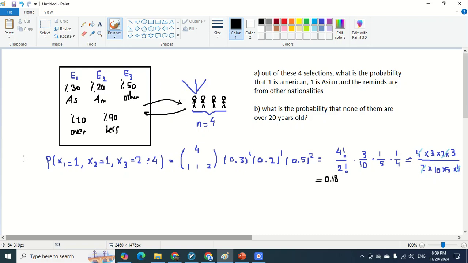For part B, you can see that the classification of each trial is two cases. We can consider it as a success and a failure over here.